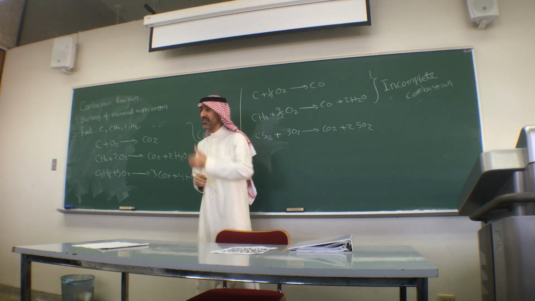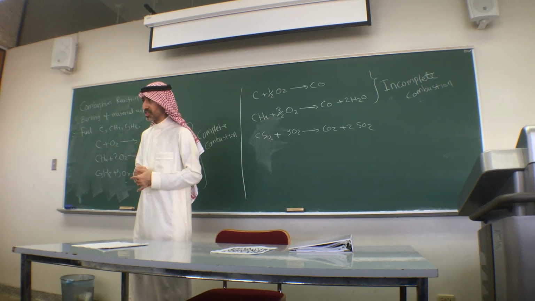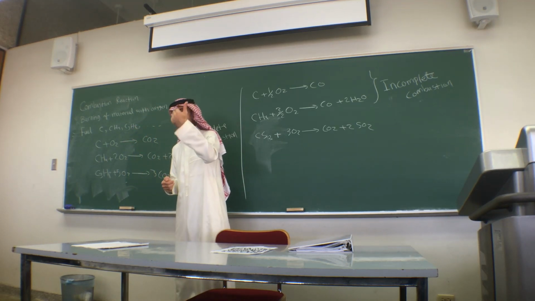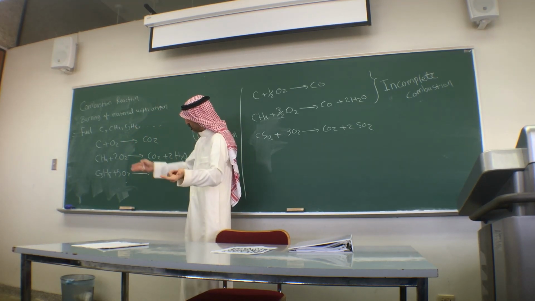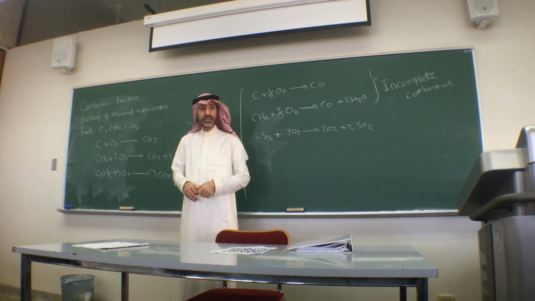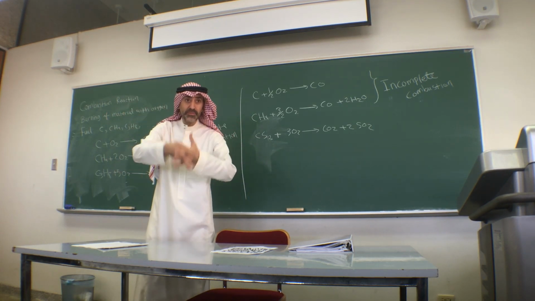Sometimes you also have more than one fuel. As I promised you, this is the question that I bring for you to solve. You have more than one fuel. So the fuel consists of CH4, C3H8, and another fuel. Those reactions will happen at the same time in the same place.